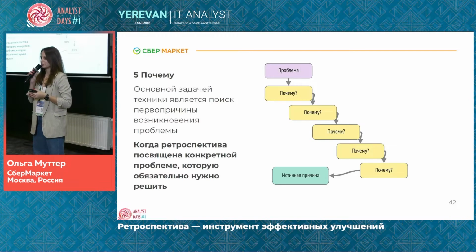Not just identifying the problem that we didn't manage to release it because we didn't manage to test it in time, but you need to ask why you didn't test it in time, because etc. Why they came late, why you didn't assess it properly, and you can dig deeper and deeper asking why.